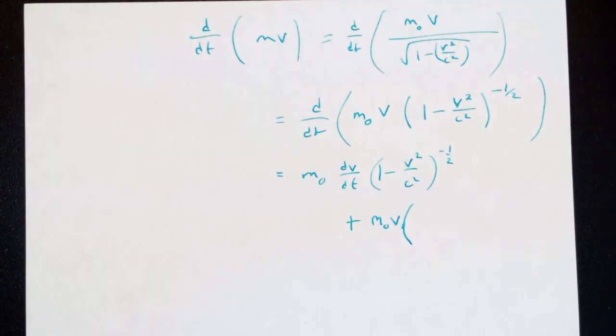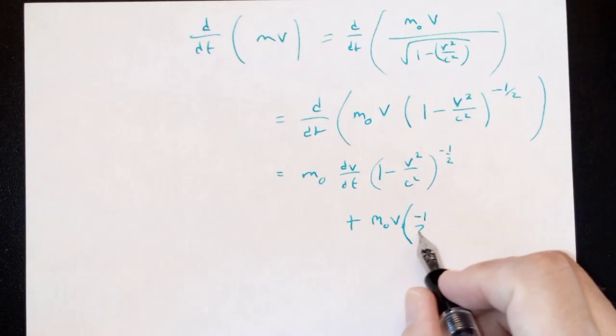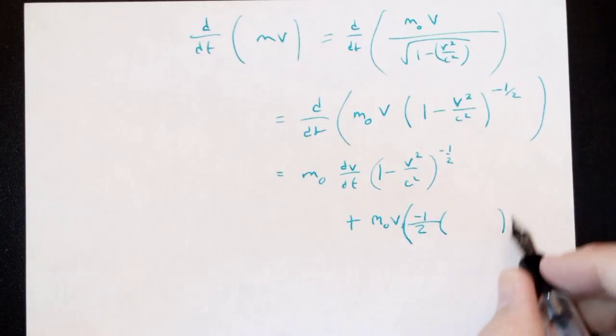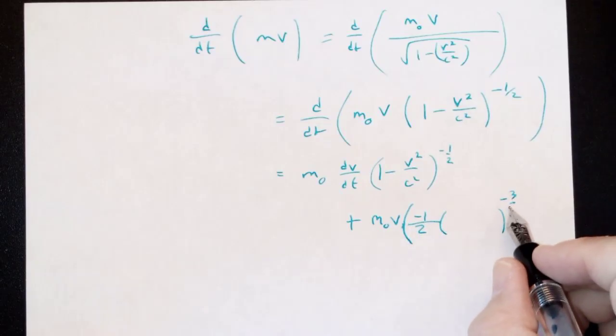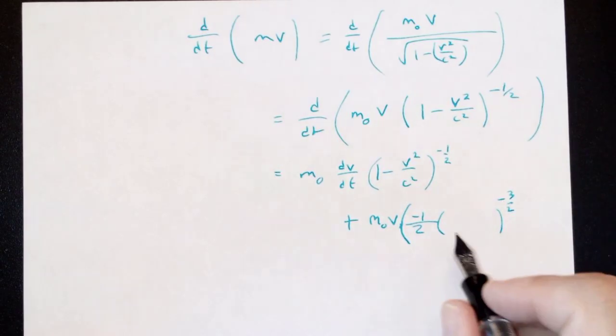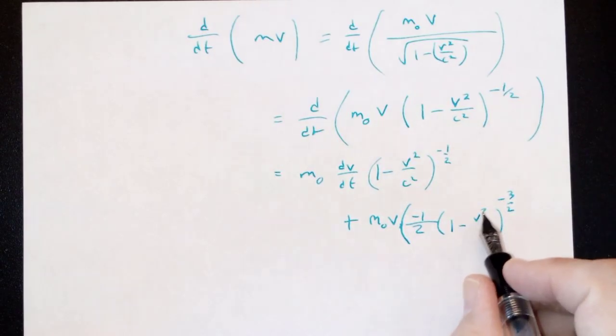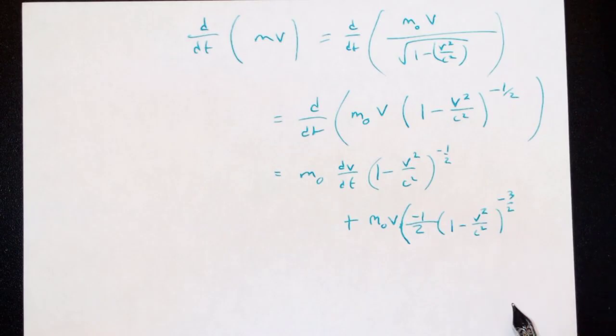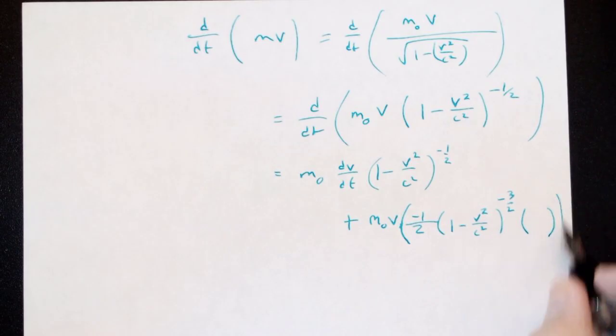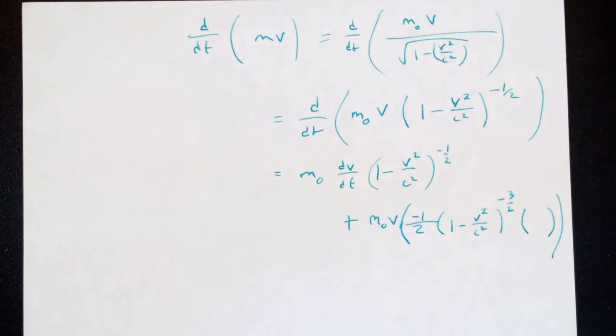Chain rule, because it's ugly to the minus 1/2. Right? So I get minus 1/2 ugly to the minus 3/2. Stuff inside does not change. But wait, there's more. Now I need derivative of the stuff.